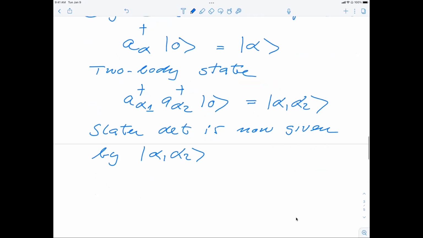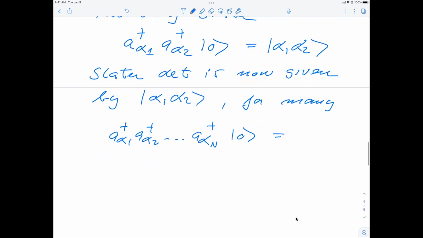If I have a many particle case, it's going to be given by a alpha 1 dagger, a alpha 2 dagger, and then I'm going to go up to a alpha n dagger. So I have n particles, and this acts on 0. And we can rewrite this one as a product over i equal 1 up to n, the number of particles we have, of a alpha i dagger acting on 0.